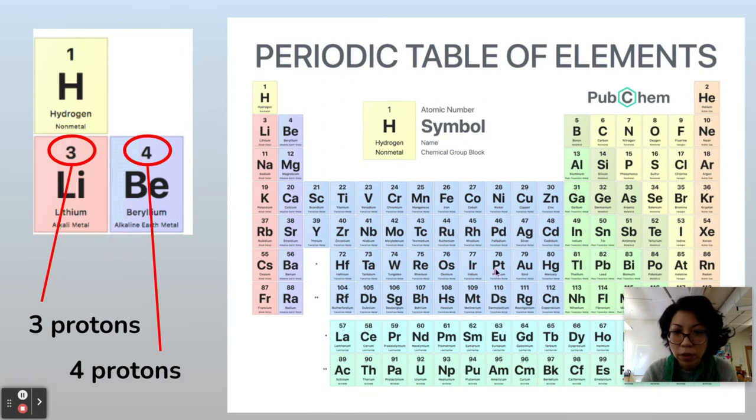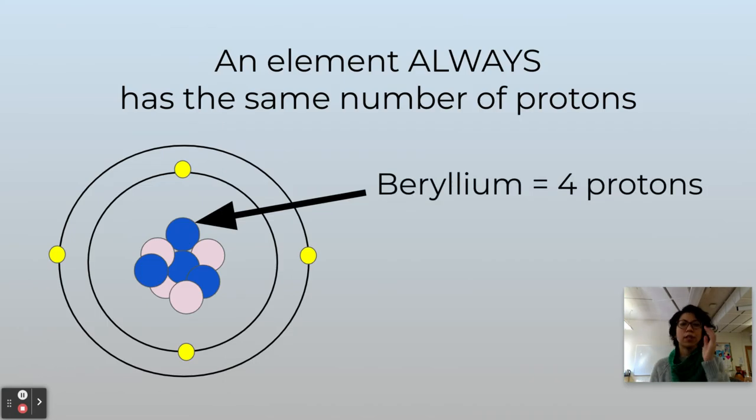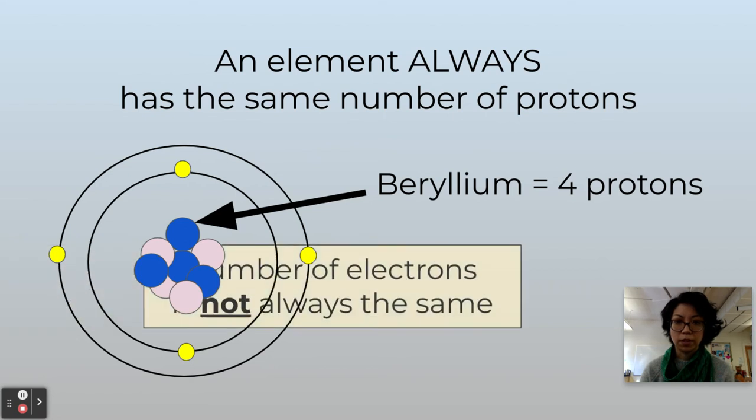For example, we could look here at gold, which is number 79 in the periodic table, and we could say gold atoms have 79 protons. Okay, so that's the thing about elements: they always have the same number of protons. So this beryllium atom, for example, has 4 protons.